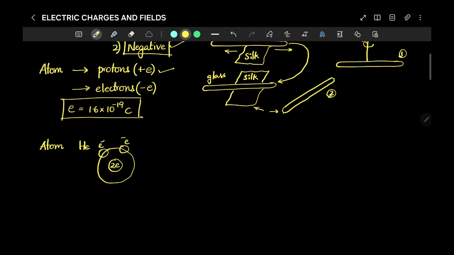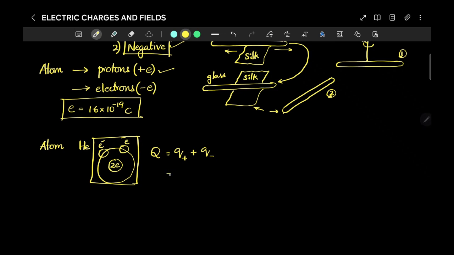If you consider this total atom, what is the net charge here? Total charge Q is equal to charge due to positive charge plus charge due to negative charge, because charge is a scalar. You can directly add it, no need of vector addition.